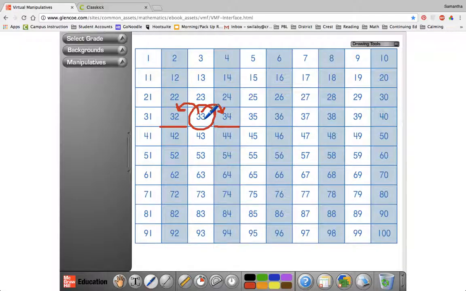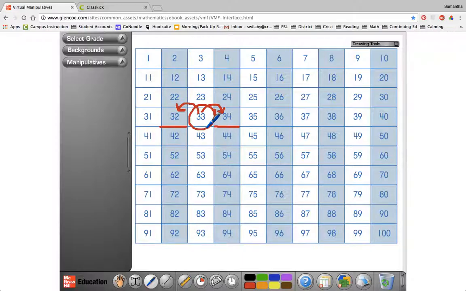As if I was counting by 10: 33, 43, 53. I see that it gets bigger by a group of 10. My 10s get bigger by 1. Or if I go up on the hundreds chart in the same column, then I see that my tens place gets smaller by 1.